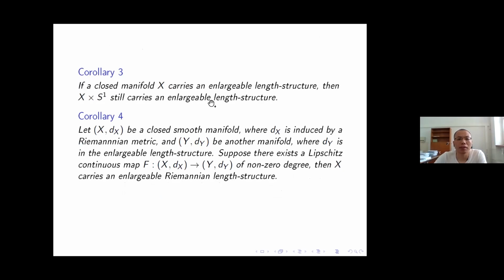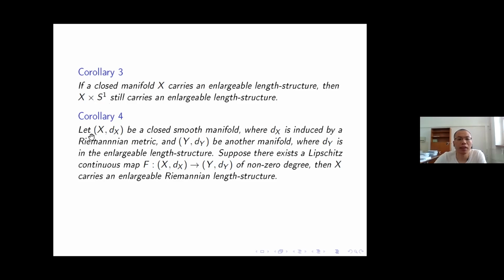And we think this corollary is interesting because there's a conjecture which says that a closed smooth manifold S admits a PSC metric if and only if S cross S1 also admits a PSC metric. So we are saying that this enlargeable length structure can be an obstruction to the existence of a PSC metric on the manifold S cross S1.